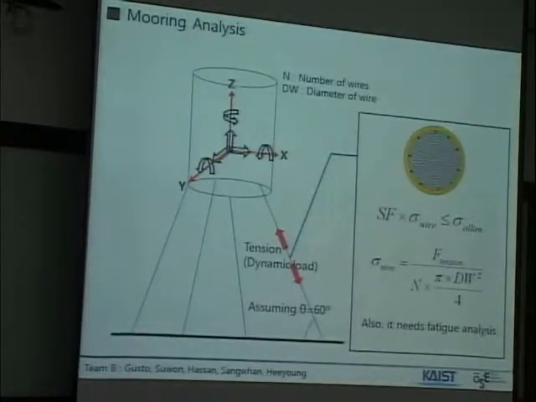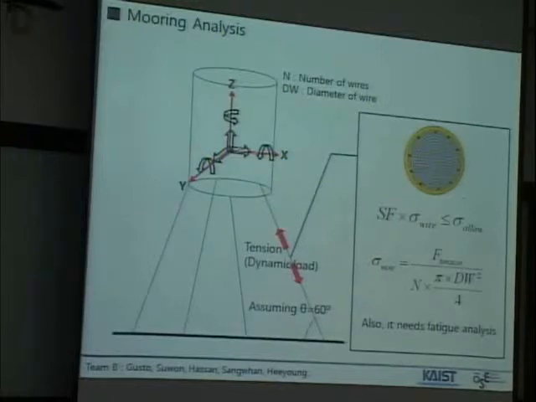As I mentioned before, in hydrodynamics, we can calculate these forces and moment. And then we assumed that the inclined angle of this tension wire is 60 degrees with respect to the sea bottom.